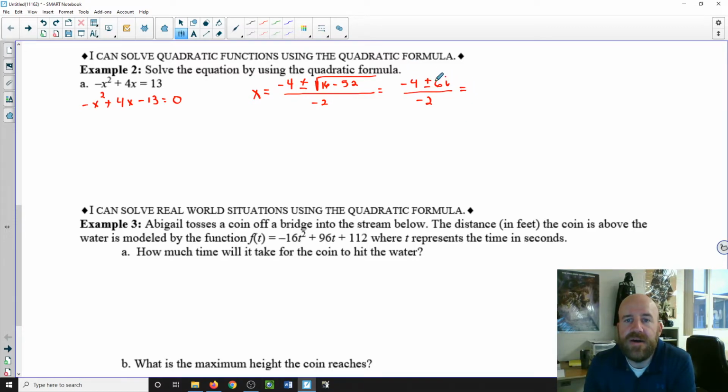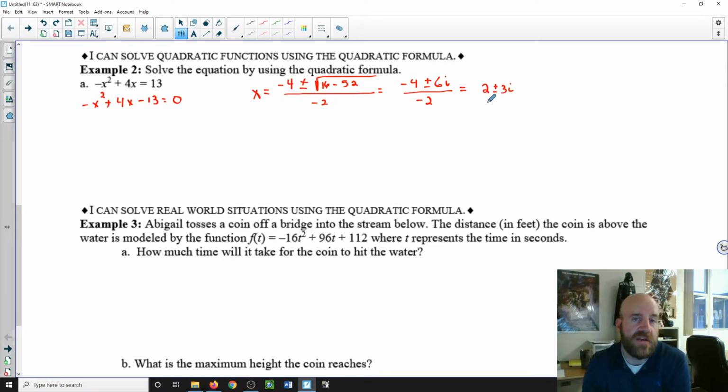Everything can be divided by negative 2. So we have a positive 2 there. We have a plus or minus 3i. And then that just turns into a 1. So when we divide plus or minus by negative, it doesn't do anything to it. It still stays positive or negative because it's both. So we would have 2 plus 3i and 2 minus 3i as our two answers.